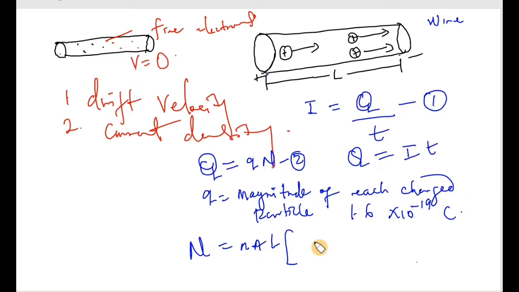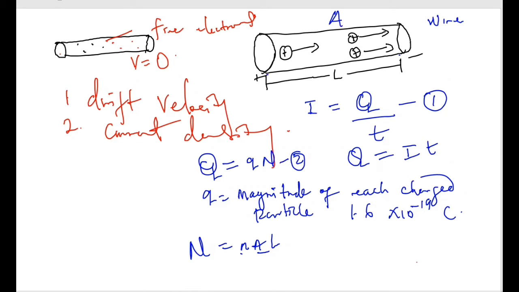Then the total number of charges, which I represent as capital N, that pass through this cross-sectional area A is given by the product of n and the volume.